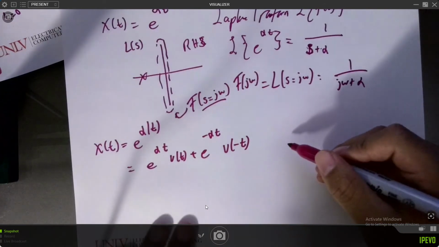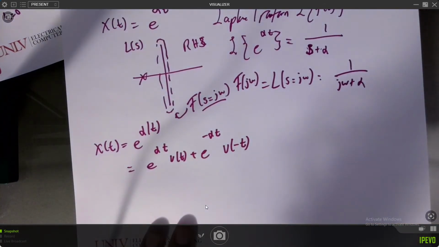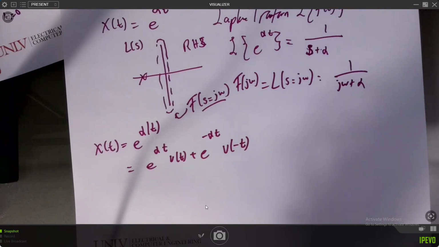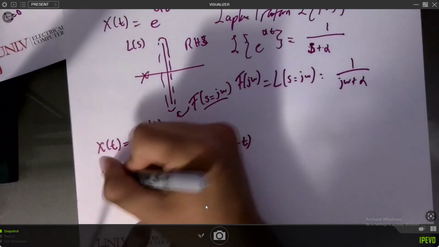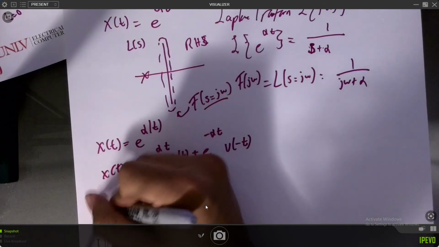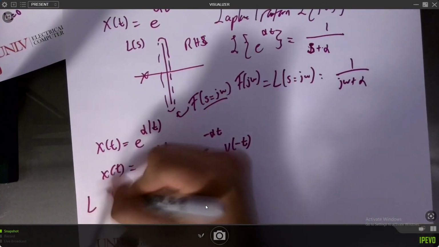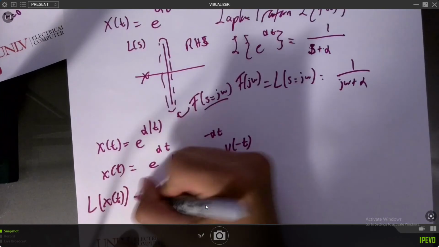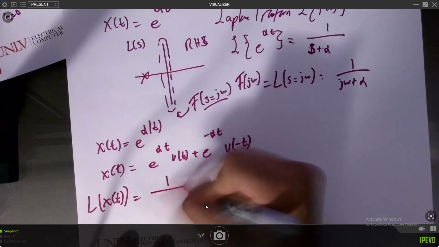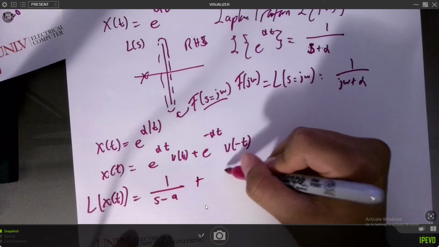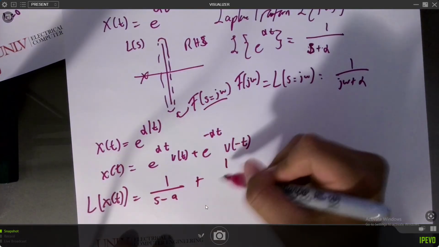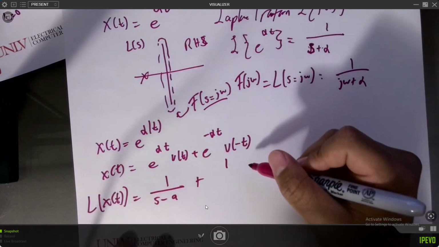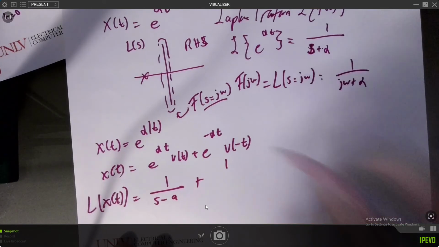So knowing our Fourier Laplace transform, let me look at my notes again. I want to make sure you guys know what's going on. There we go. The Fourier transform, actually, the Laplace transform of x of t is equal to, well, 1 over s minus a plus 1, wait, I think, was I right the first time?